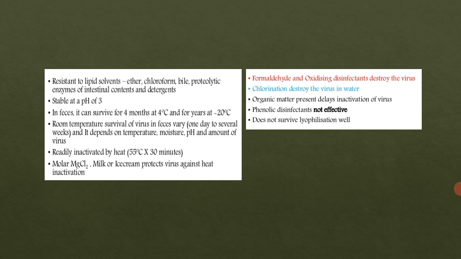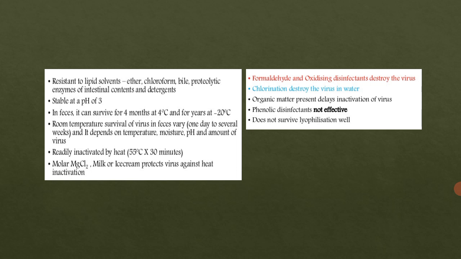Now the susceptibilities. The virus is susceptible to heat at 55 degrees Celsius for 30 minutes. Molar MgCl2, magnesium chloride, milk or ice cream protect the virus against heat inactivation. As we saw in the previous point, it is susceptible to heat.